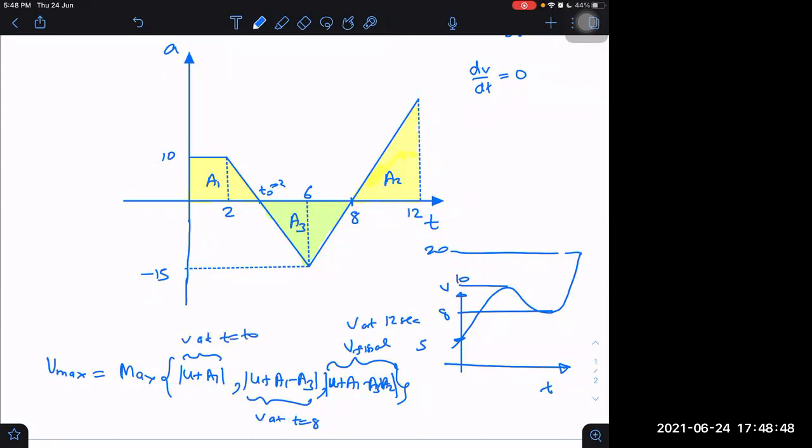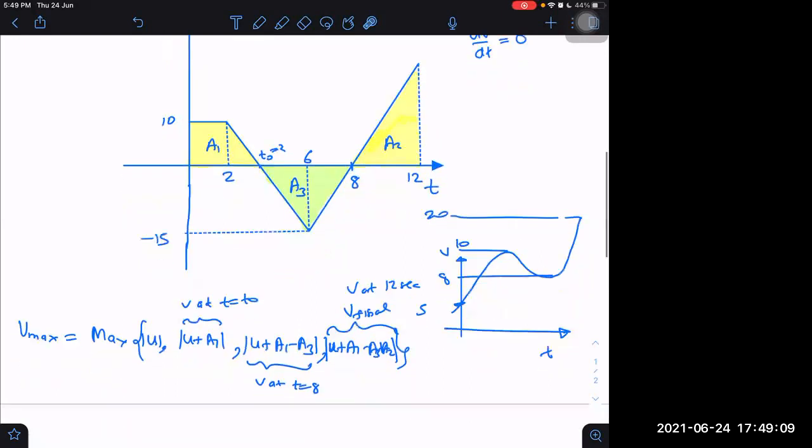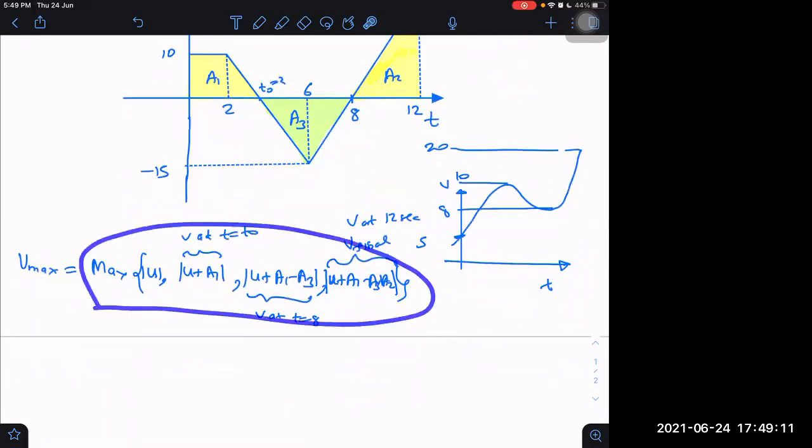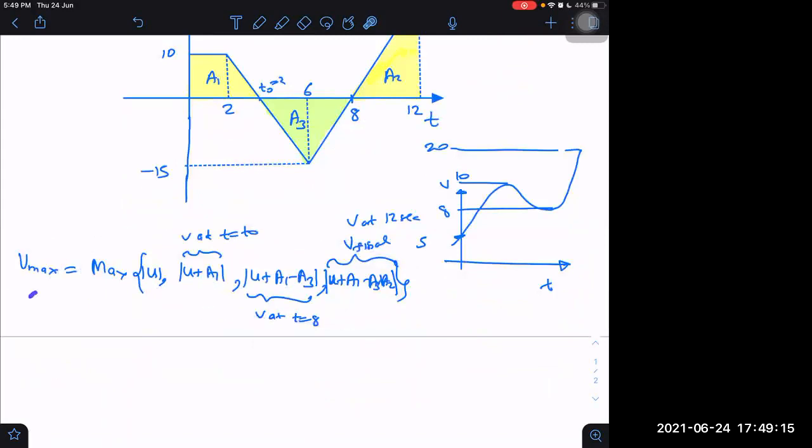Other than this, there should be one term, although I know that term will not be in our answer in this case, but sometimes it may be. So I will add one more here, that is initial itself, or 0. I told you both boundaries considered or not? First boundary considered, last boundary considered. In between where acceleration is changing sign or becoming 0, those also considered. So I have to consider these things, and I have to find 1, 2, 3, 4. And after finding that, I will be able to tell when V is maximum.